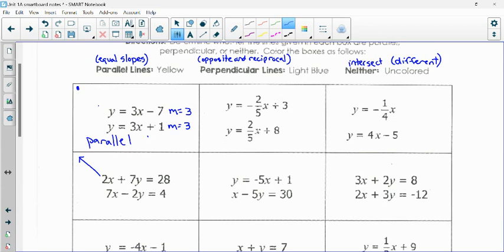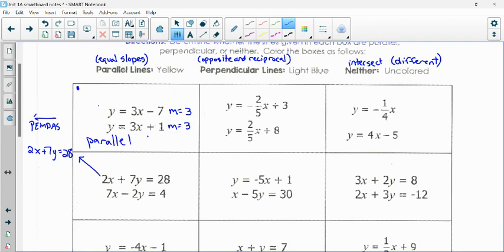Okay, so we're going to write this first equation here. 2x plus 7y equals 28. Again, we're trying to get into slope intercept form. That was one of the skills that we had on our last quiz. So we're doing PEMDAS backwards. We're going to undo the addition and subtraction. We're trying to get the y by itself.